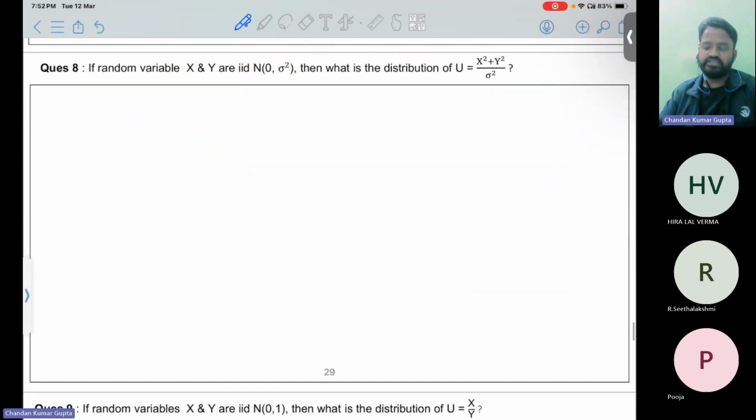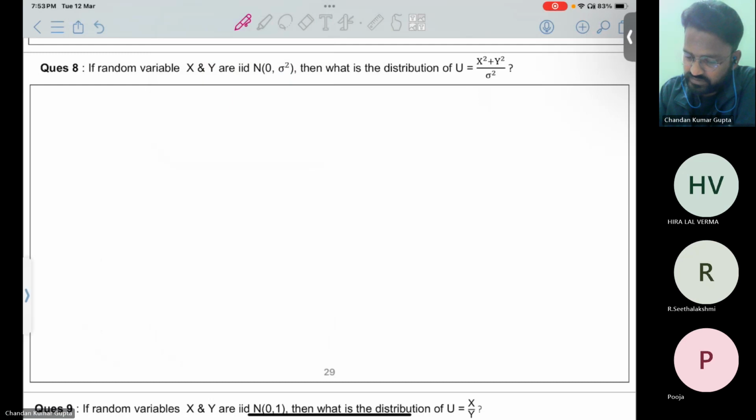Now the next question: if random variables x and y are IID normal 0, sigma square, then what is the distribution of u equal to this? Suppose x follows normal mu, sigma square.